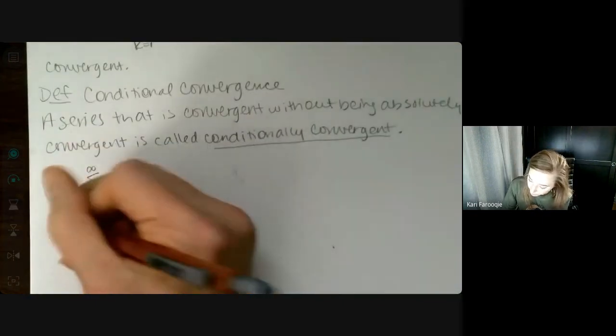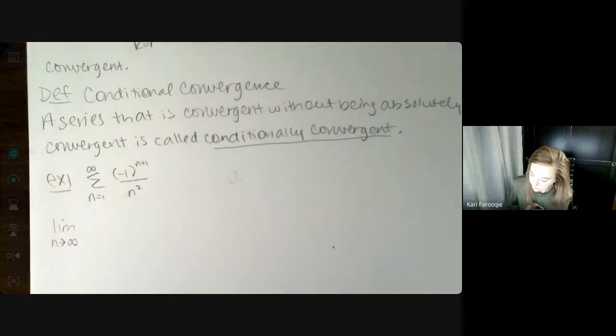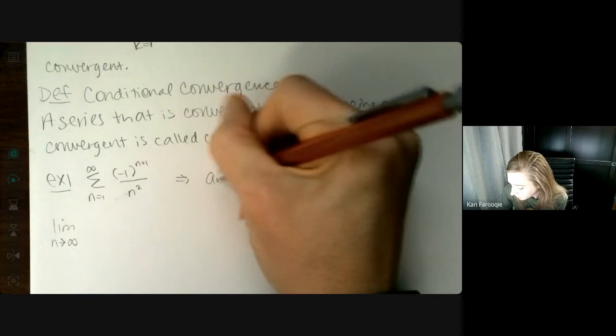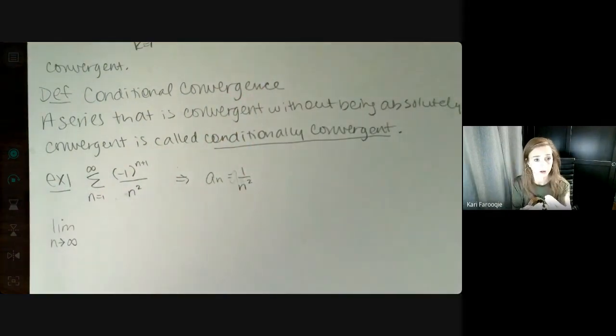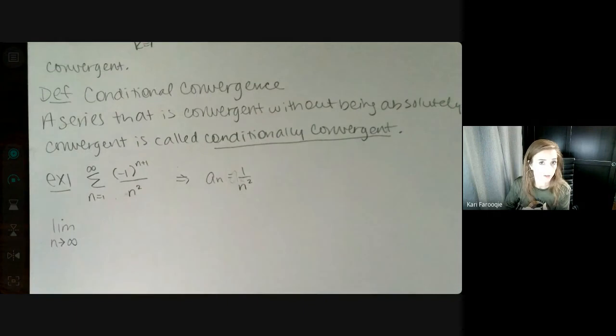Now, one of the things we're going to check for that is the limit. We're going to take the limit as n approaches infinity of a_k, or in our case, a_n. a_n is the piece that doesn't include the alternating portion. So a_n is just going to be 1 over n squared. The alternating piece is (-1)^(n+1).